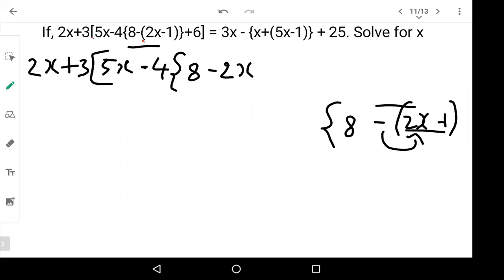So here minus into 2x is minus 2x, minus into minus 1, minus into minus is, who can say? Minus into minus is plus. Very good. So plus 1. If you don't have any number, we can also take it as 1, right? So minus 1 into minus 1 is nothing but plus 1.